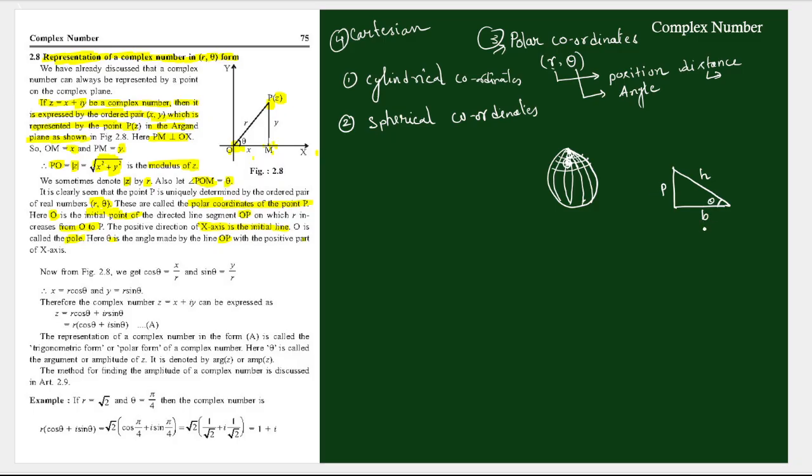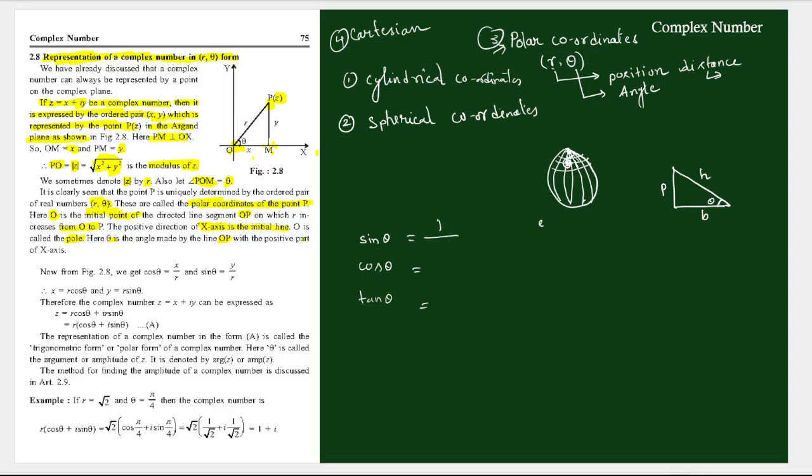Through trigonometry, some formulas, trigonometric ratios are there. So we have sine theta, cos theta, tan theta, and we have their inverses. First we will write down their ratios.